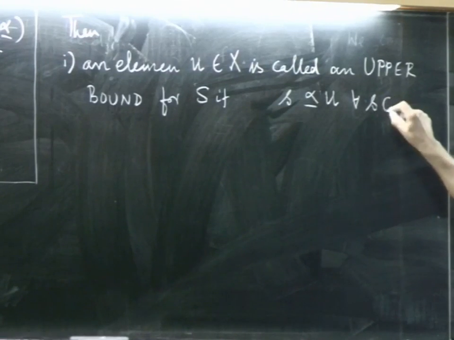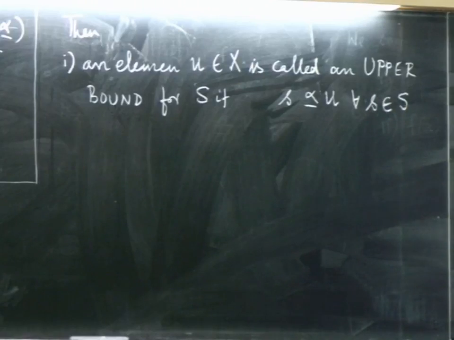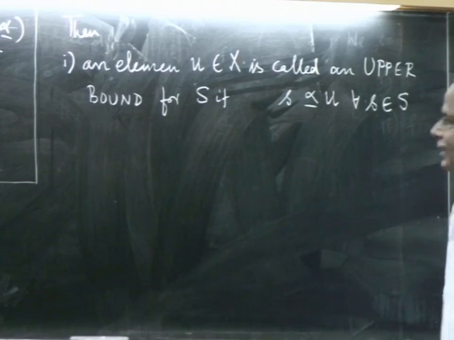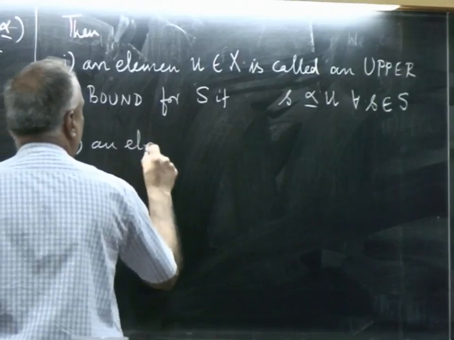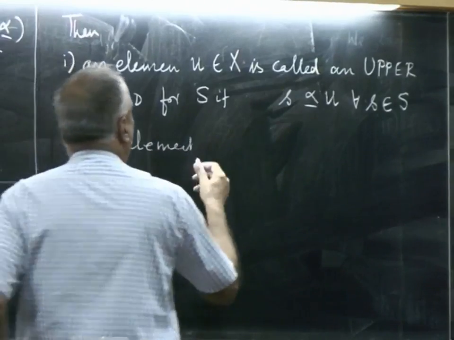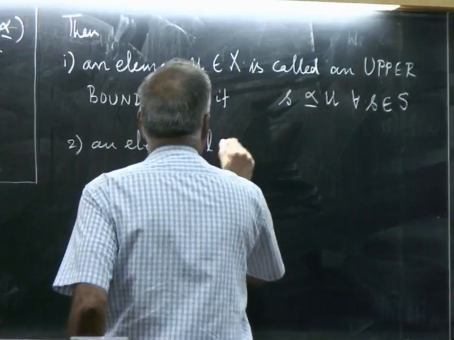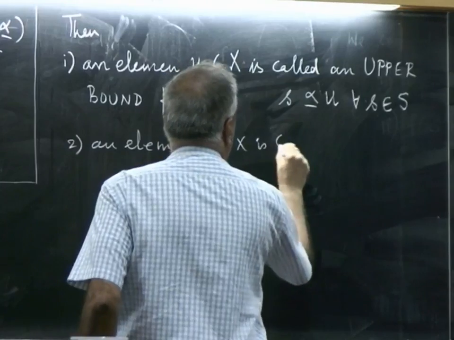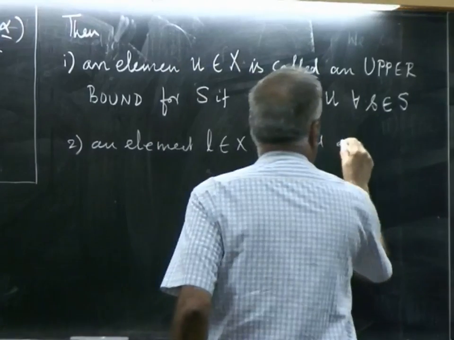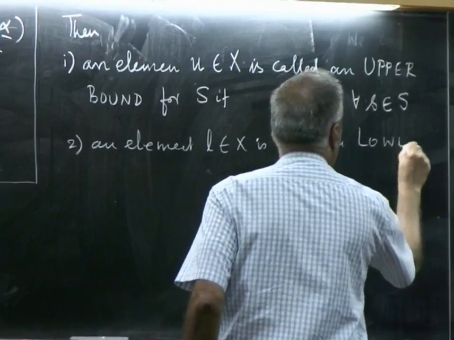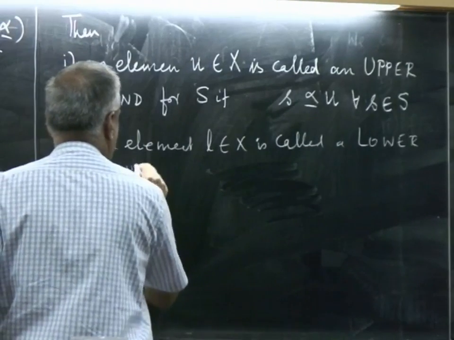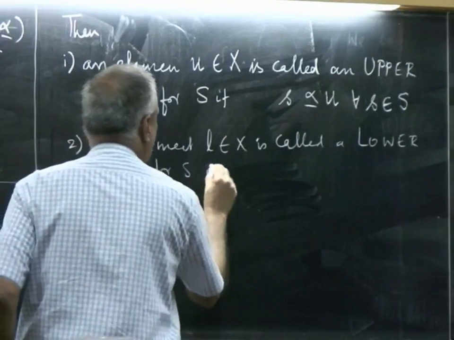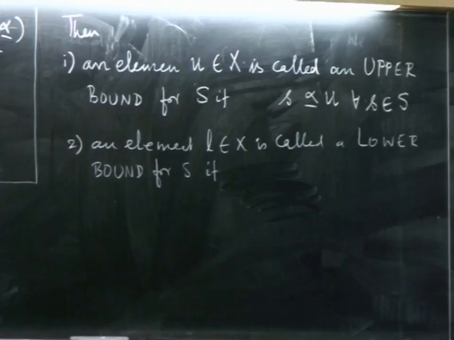Think of this as your usual less than or equal to for definition purposes. And an element L belonging to X is called a lower bound for S if what?